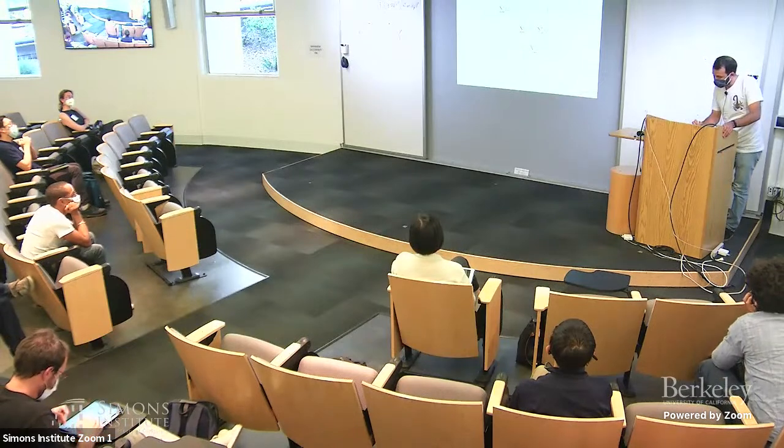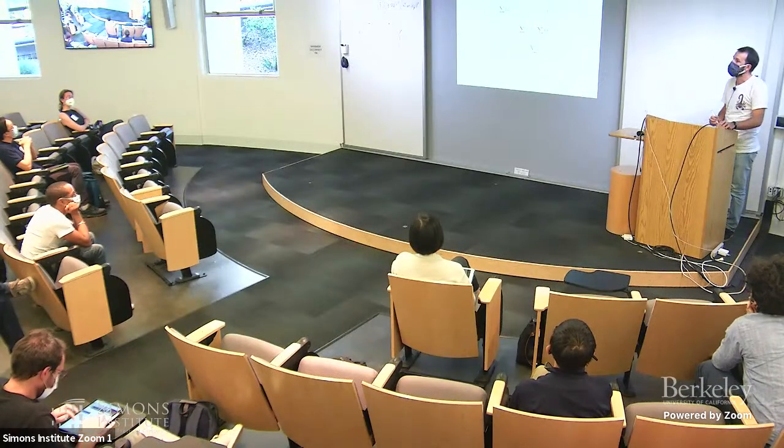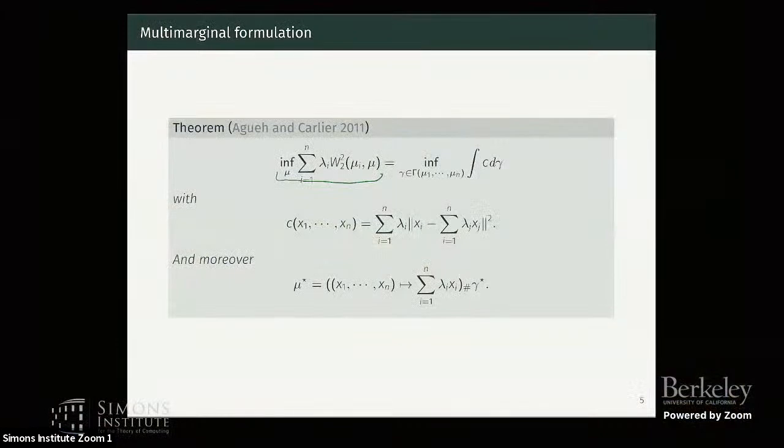So it's this value that is actually NP-hard to compute, and also the mu star. This multi-marginal formulation gives another point of view on the problem.